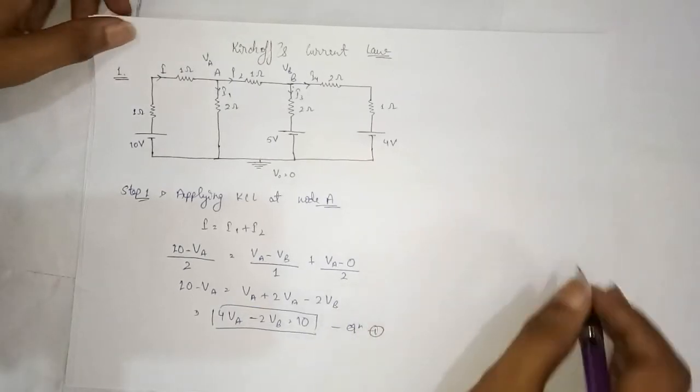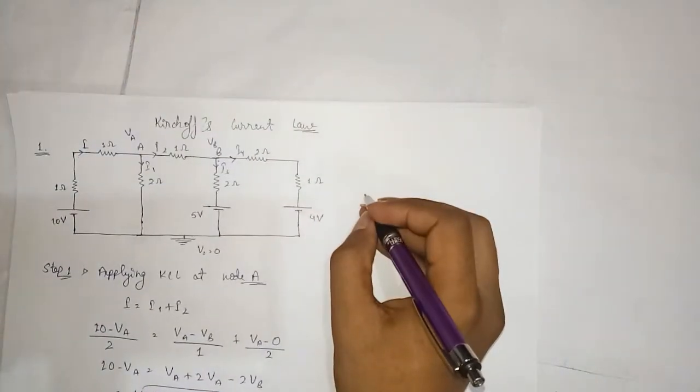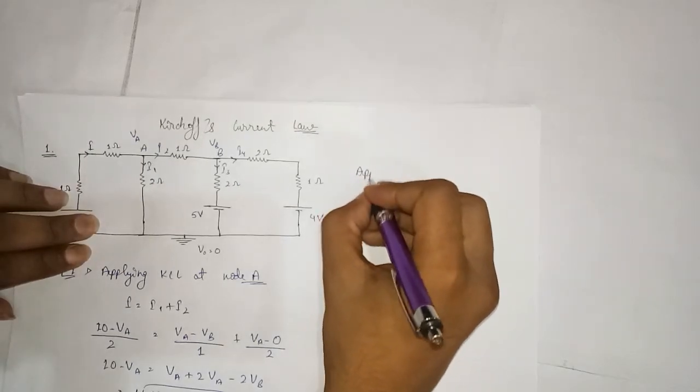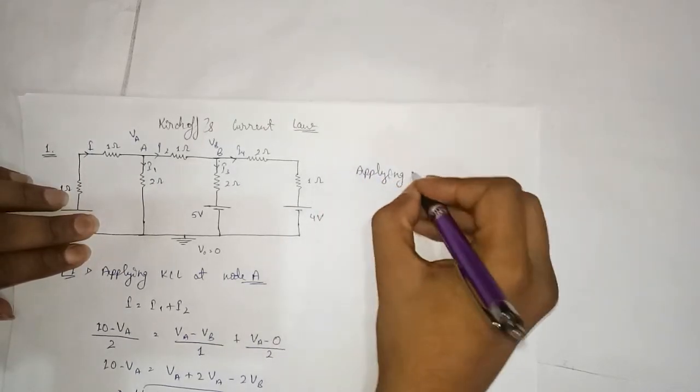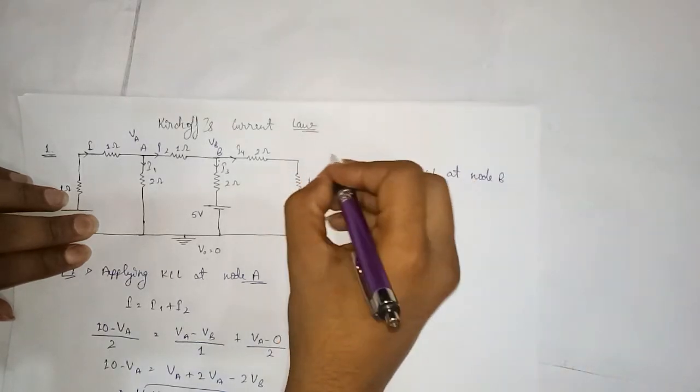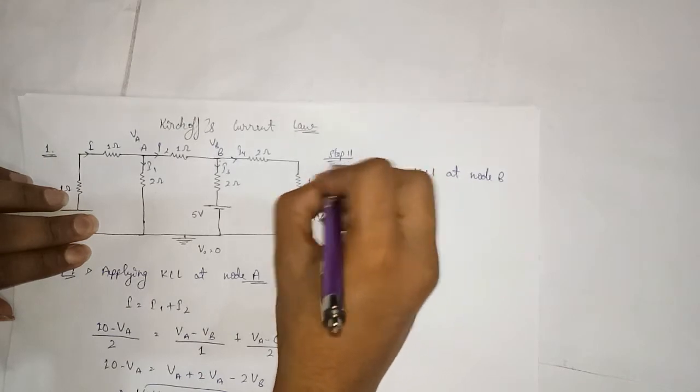Now applying KCL at node B, and this is our step 2.